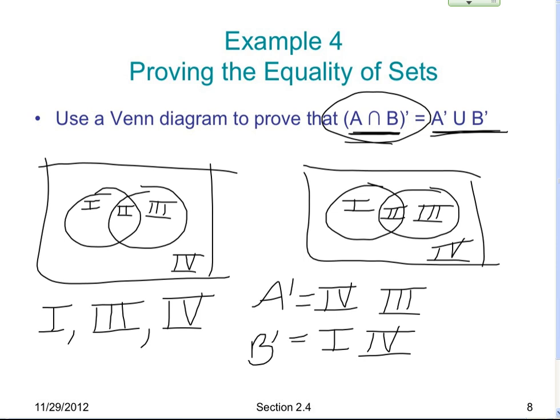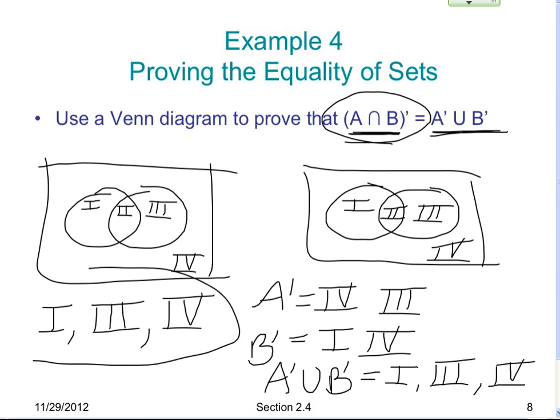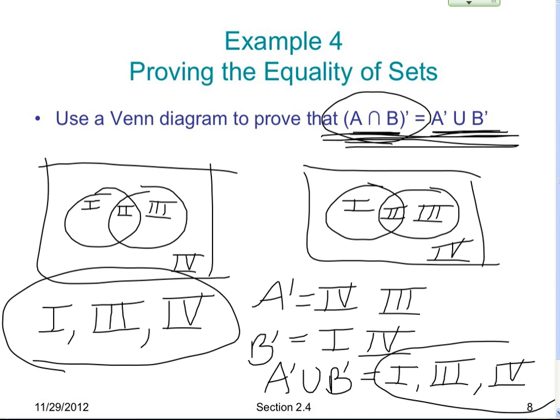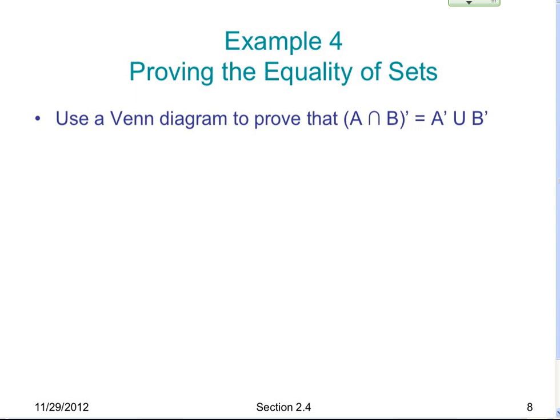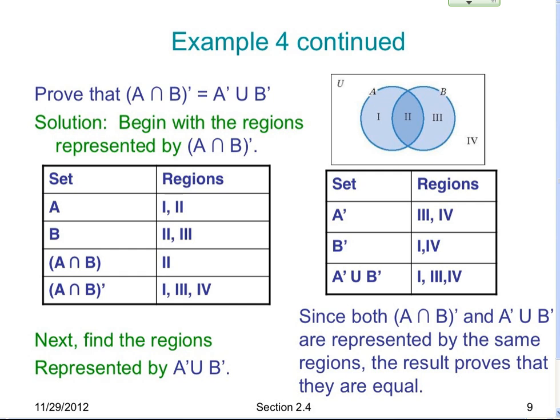The union of those, A complement union B complement, remember when we take the union, put both sets together, so we have regions 1, 3, and 4. And since the regions are the same for both, that means these two are equal to each other. Since they're represented by the same regions, the result proves that they are equal.